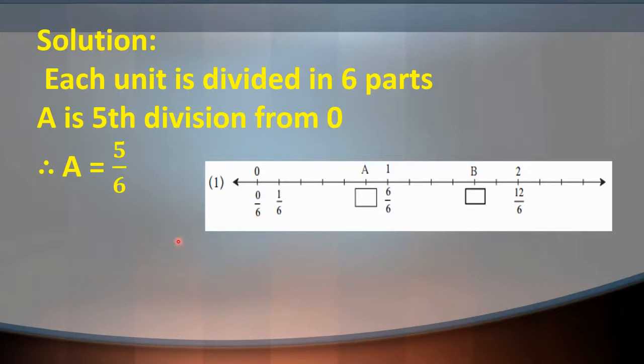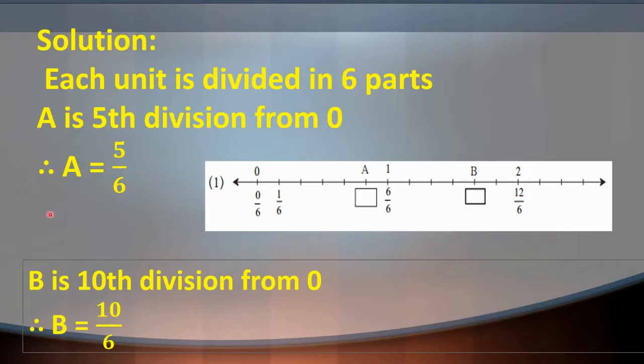Here each unit is divided in 6 parts. So on this number line you can see A is the fifth division from 0. Therefore, A is equal to 5 by 6 and B is the 10th division from 0.